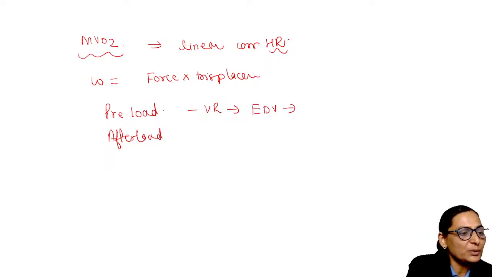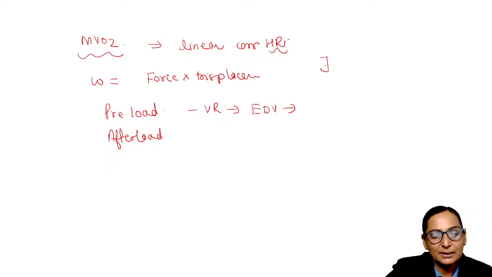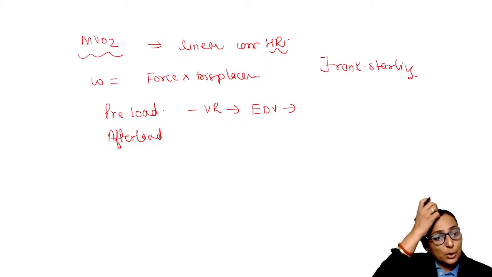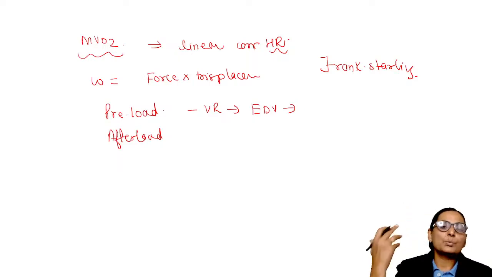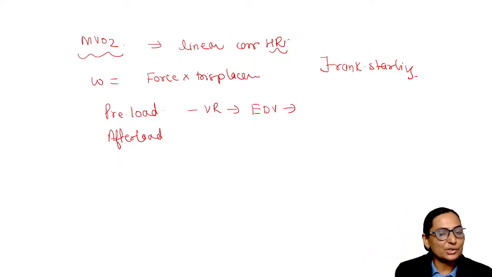You know that it should be within physiological limits as far as the Frank-Starling's law. So what is the Frank-Starling's law? That within physiological limits, the force of contraction will increase if the initial length is increased.